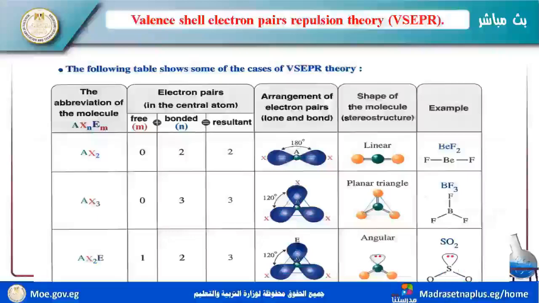Oxygen here needs two electrons to share. But the shape is not triangle, it is angular. This means angular, not triangle. It is angular because the angle in this shape is about 120, with the number of lone pairs equal to 1, and the total equal to 2.